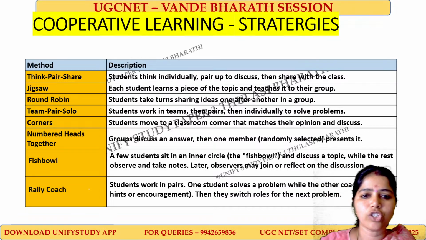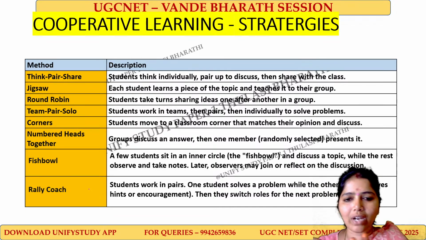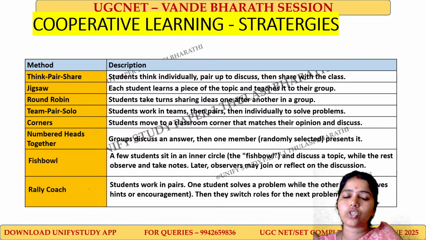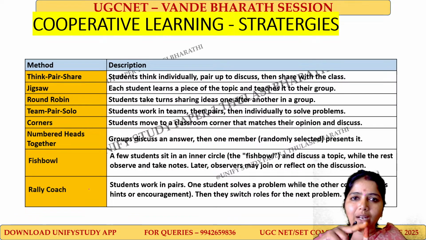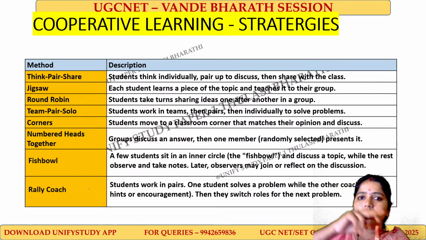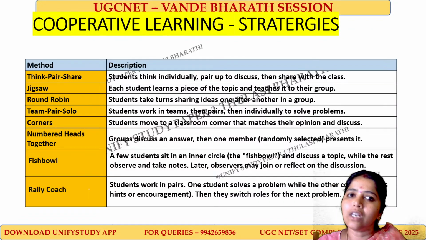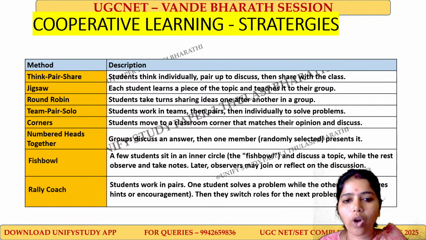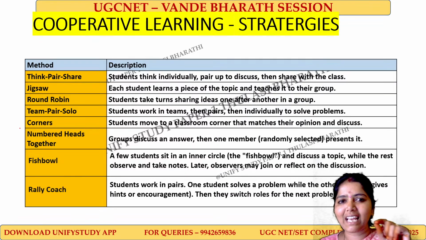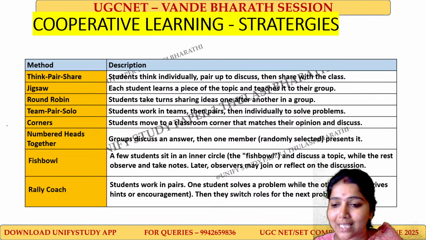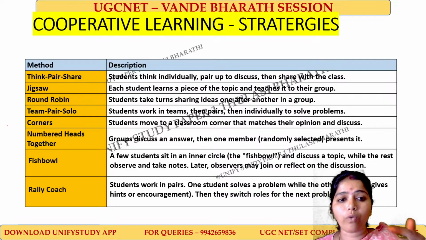Jigsaw strategy: each student will be given a piece of a topic and then teach it to their group, where one will be an expert in one part, they will move around the groups, so that all the class members will be aware of all the concepts. Round robin means every student will take their turn to express their ideas and contribution.